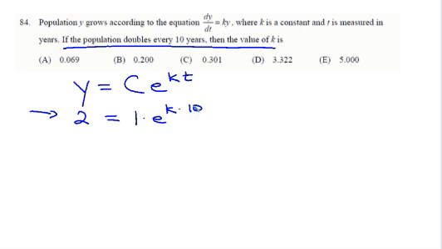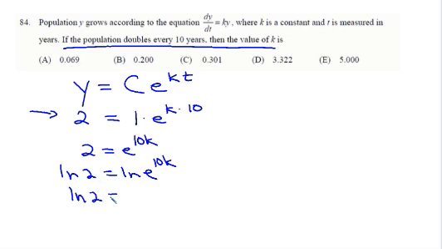And from that point on, it's just like the last problem. So now I have 2 equal to e to the 10k, and it's literally the same process as the last problem. We're going to take the natural log of both sides, which is going to leave me with the natural log of 2 equals 10k.